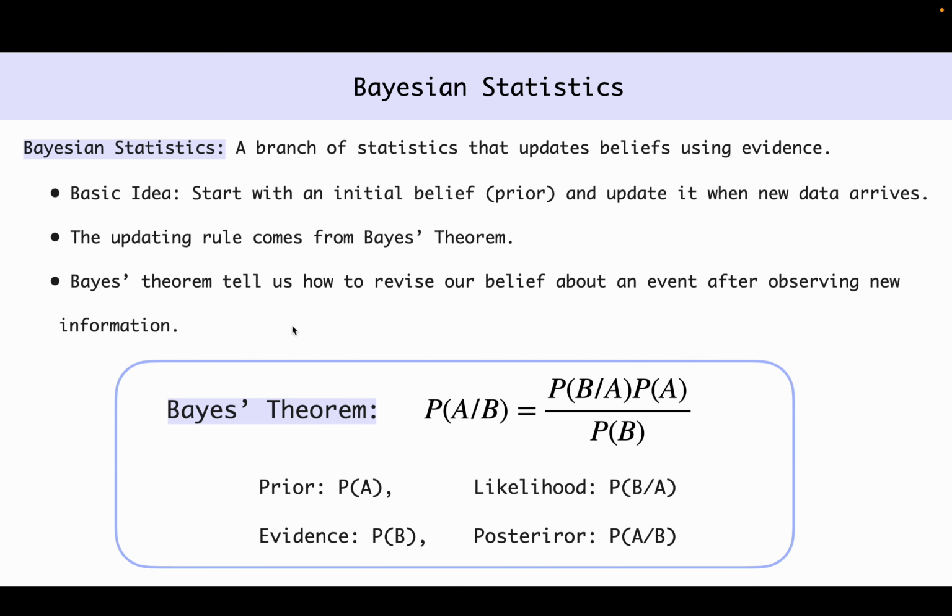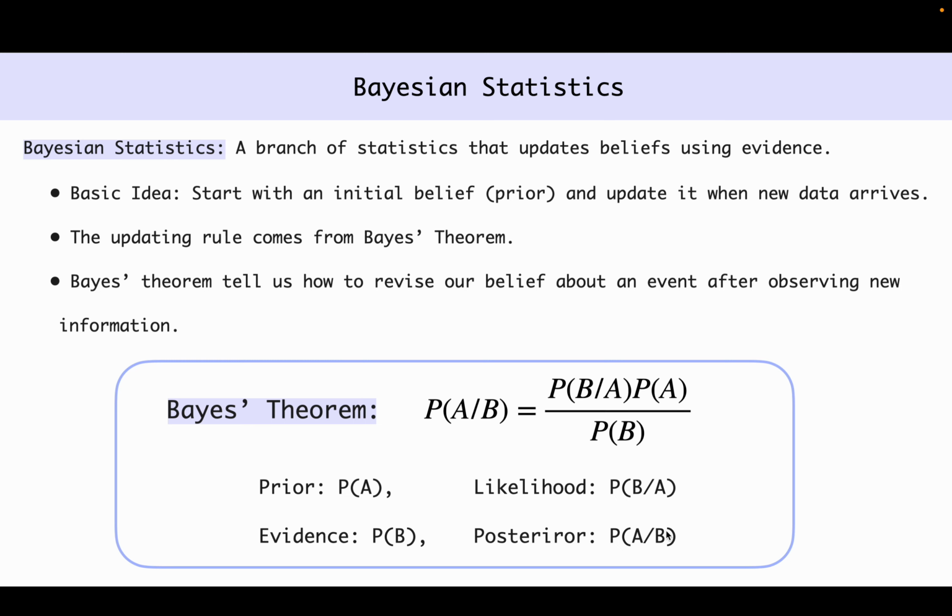So here P of A is the prior and P of B is the evidence, which is the new data which we got at this instant. And for the given prior, the probability of the new data which we got is called the likelihood.